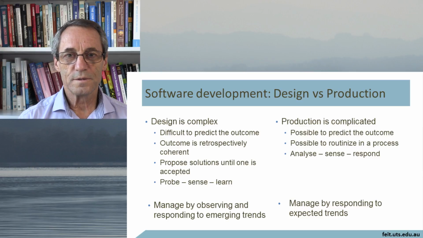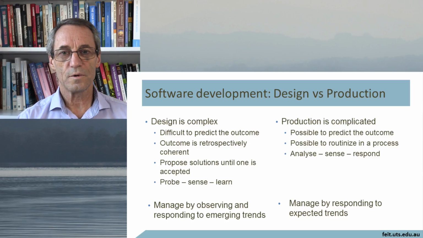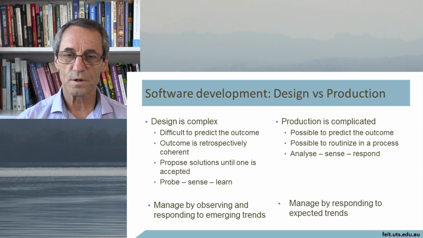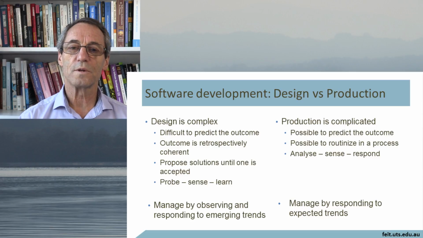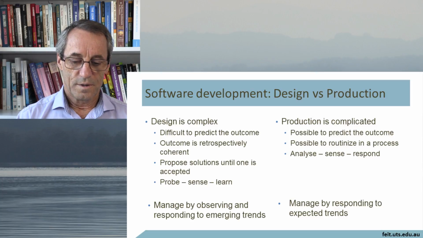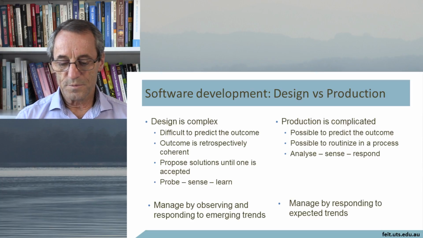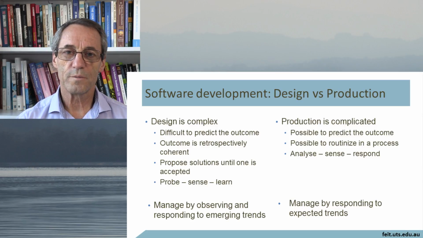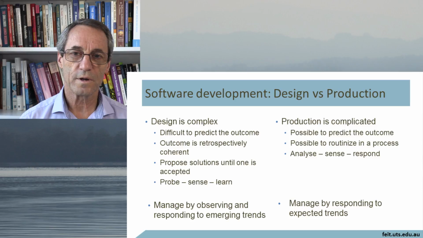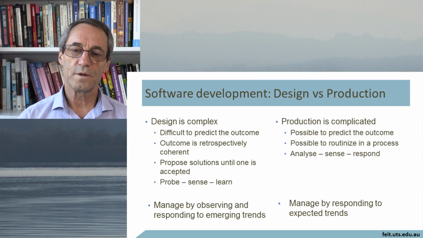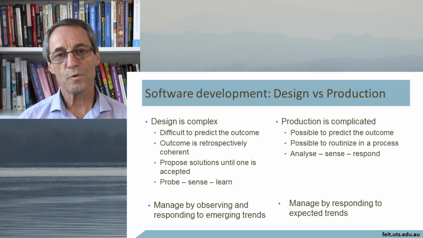Production, on the other hand, if you're producing something, you're going from something to a known something else, and it's a complicated process. That is, it may be difficult, but it's entirely predictable. It is possible to routinize in a process. So something might be complicated, you may have difficulty figuring it out, but having figured it out, you can actually put it together in some sort of a process that will make the whole thing repeatable.